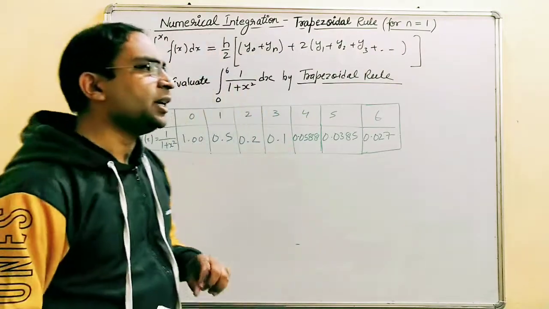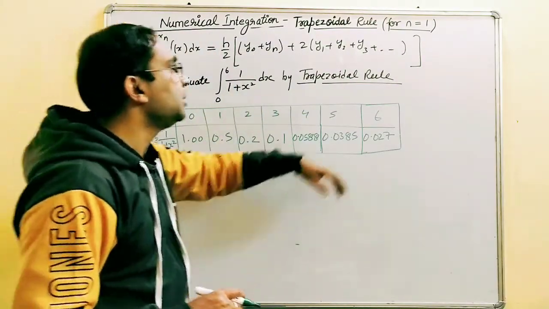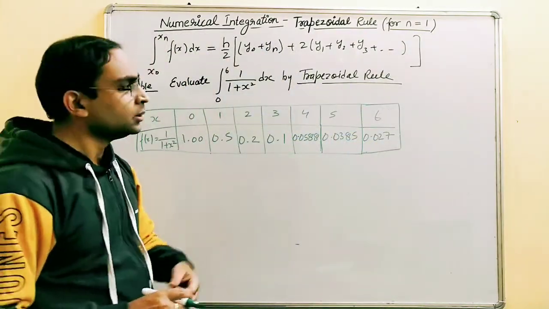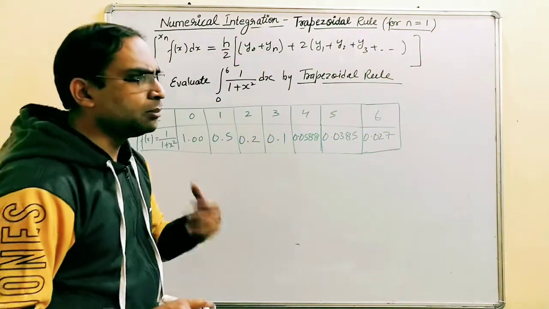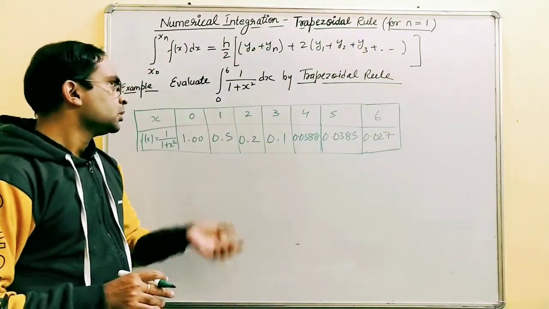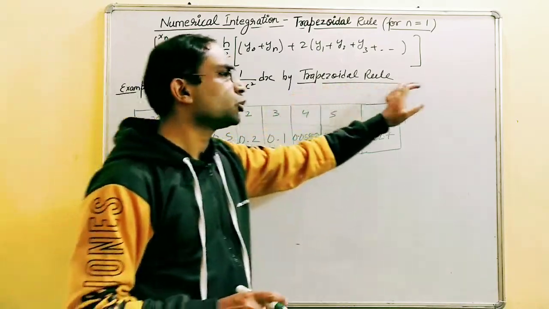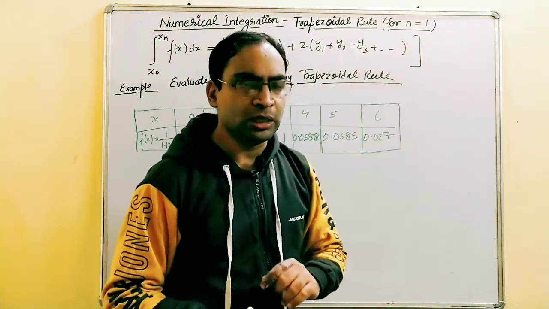Let's say if we define that we want 5 intervals, so 5 is a multiple of 1. We can also define 7 intervals, again a multiple of 1. As we can see, any whole number is a multiple of 1. So we can take any number of intervals in the trapezoidal rule, which is a multiple of n is equal to 1.